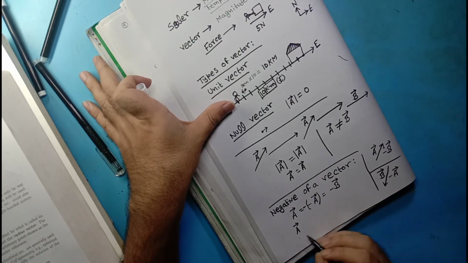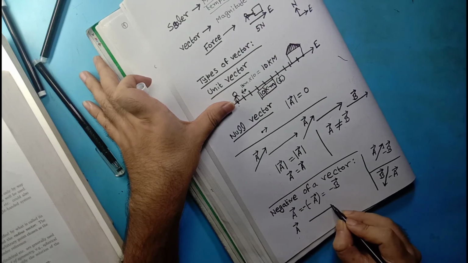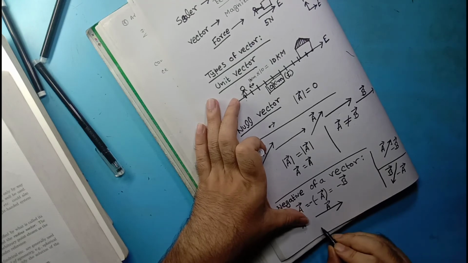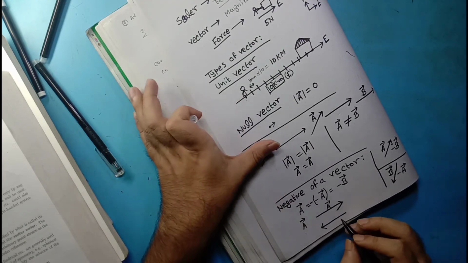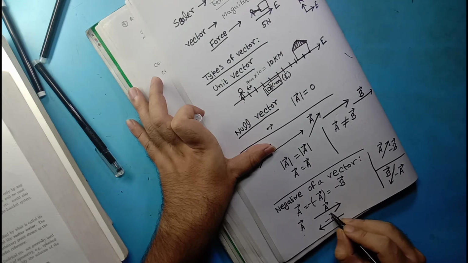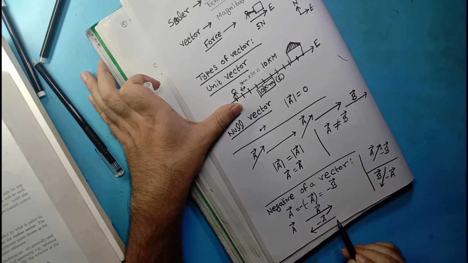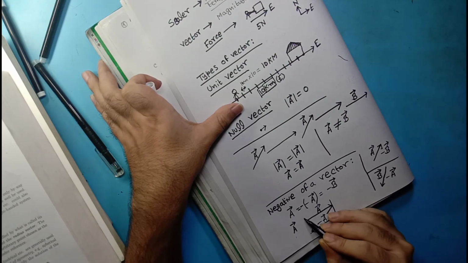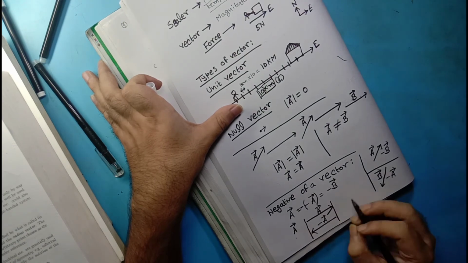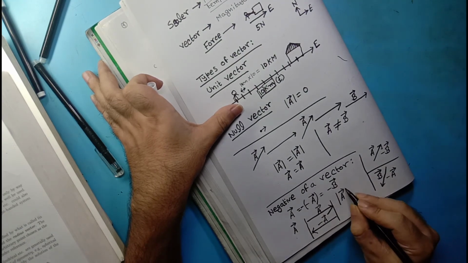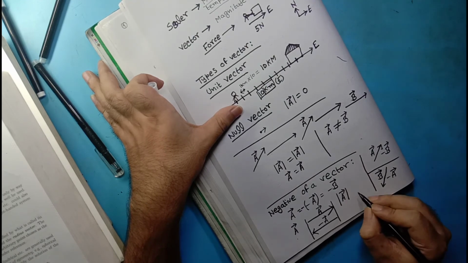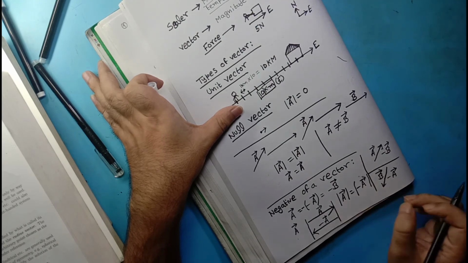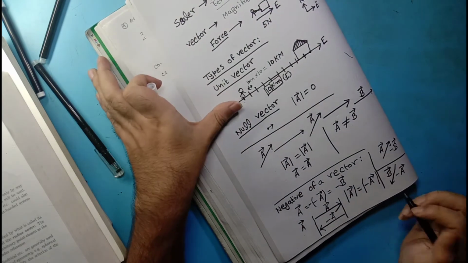This is vector a, and we can represent the minus a vector in this direction. Here you can see the difference is not the magnitude. The magnitude of vector a equals the magnitude of minus vector a, so basically they are the same. What is not the same is the direction.